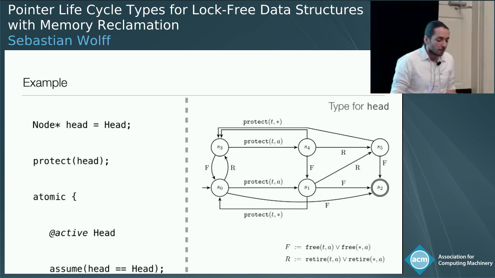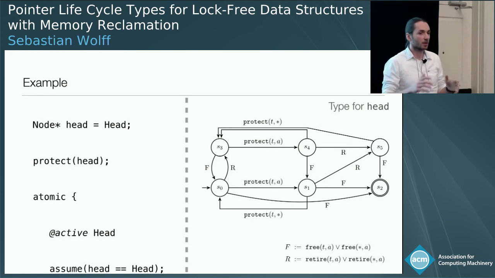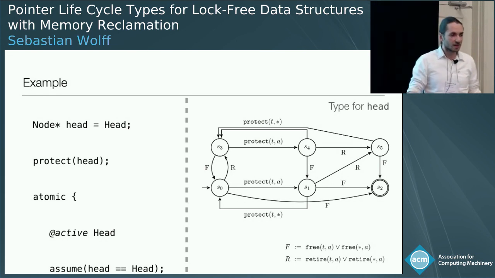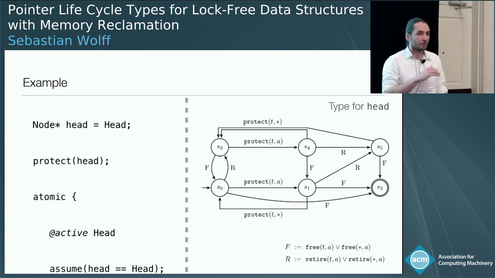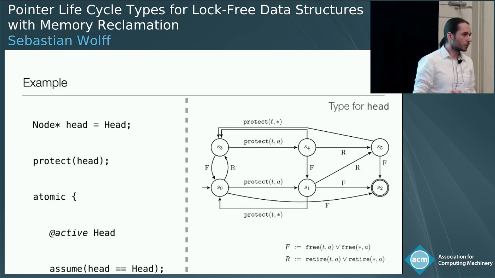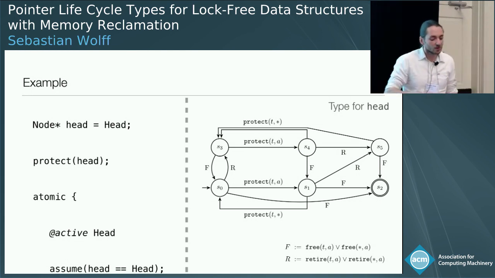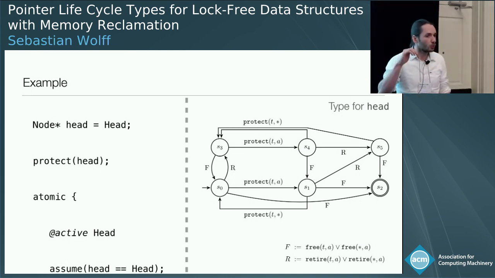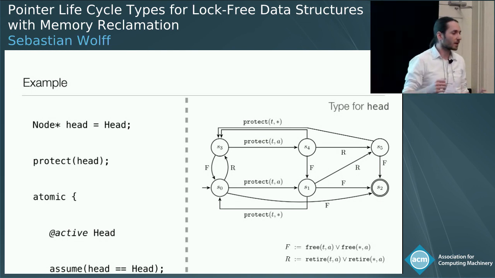And I can use this automaton to visualize the types because our types reflect sets of states in this automaton. So whenever we have a type at a certain program location in our program, it means that any execution of the program that reaches this program location is guaranteed to take this automaton to a state that is represented by the type at that location.